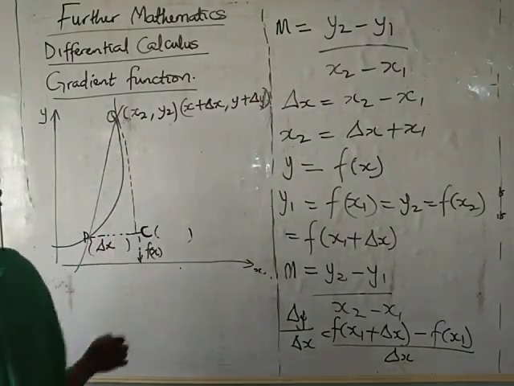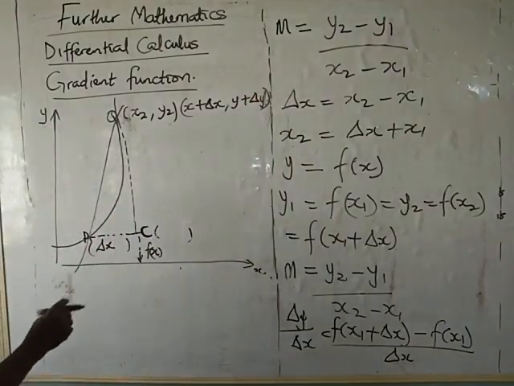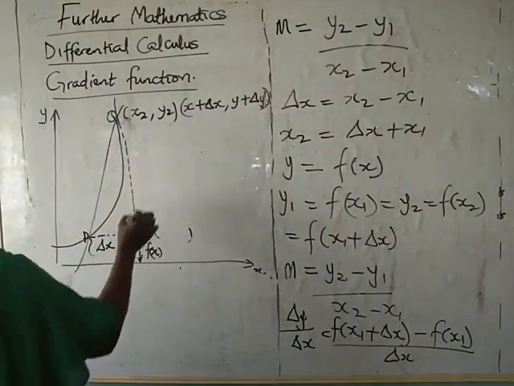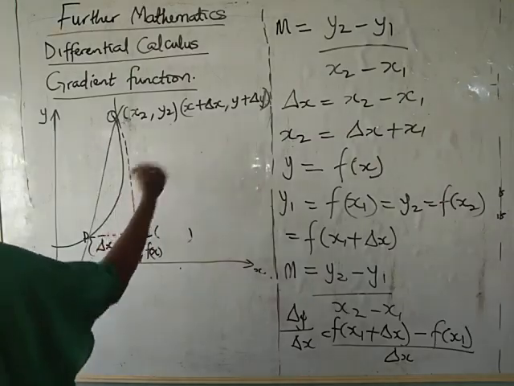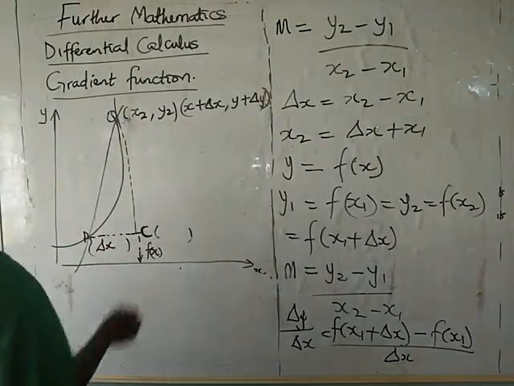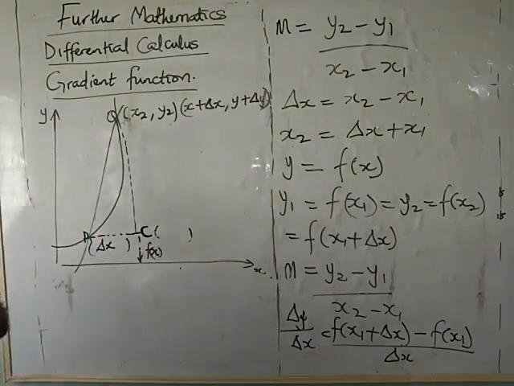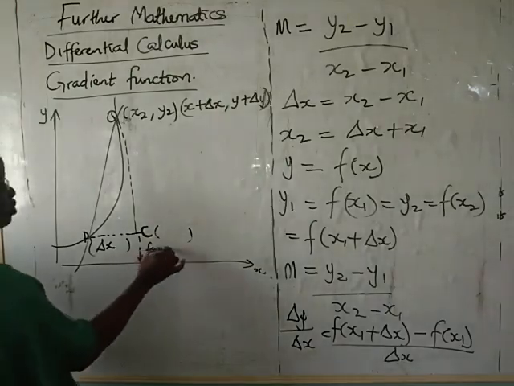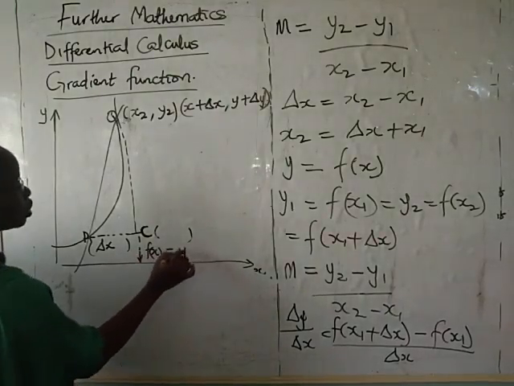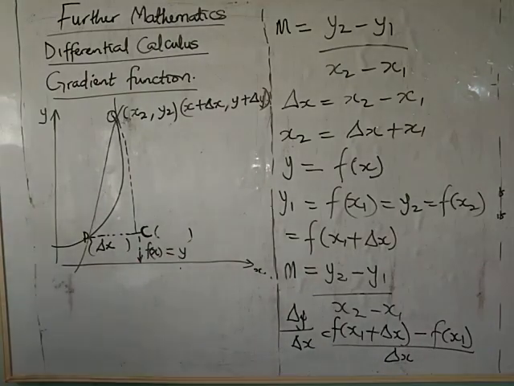So at this point in time, I have my rate of change here on the y-axis. Y will change, x will change as well. My f of x here, remember, is the same thing as the original function of y given to us. So at that point, we want to see what will happen.